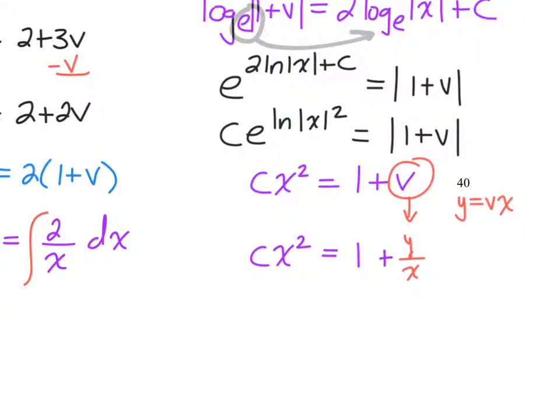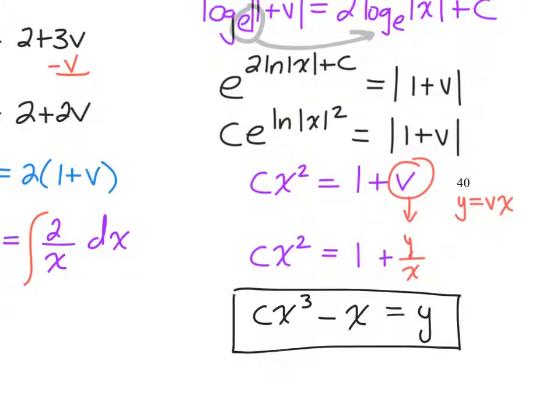Clear out the x, and we will be looking at c x cubed. Well, I'm going to subtract the 1 and multiply by x, so minus x equals y, or y equals all that.